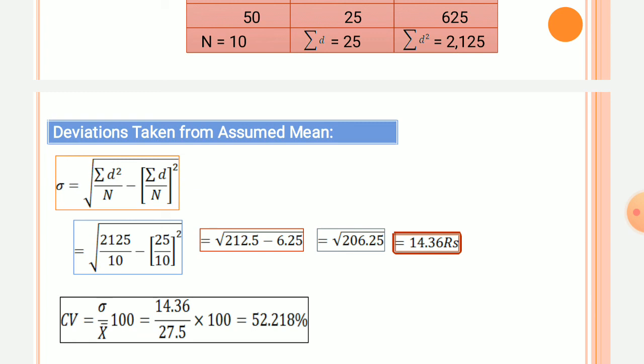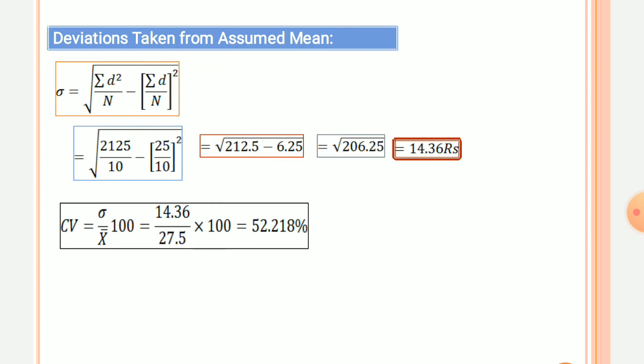When we simplify, that becomes root of 206.25. Therefore the square root of 206.25 is equal to 14.36 rupees. This is the value of standard deviation.